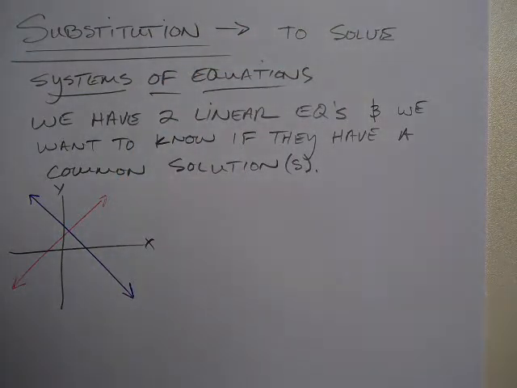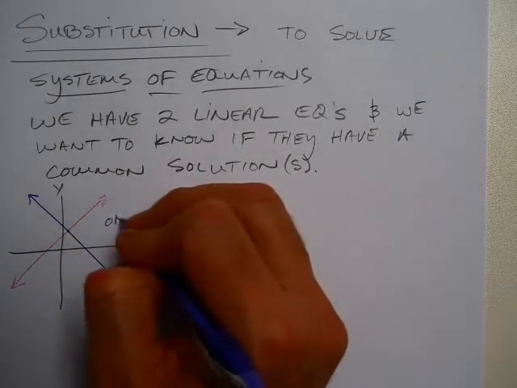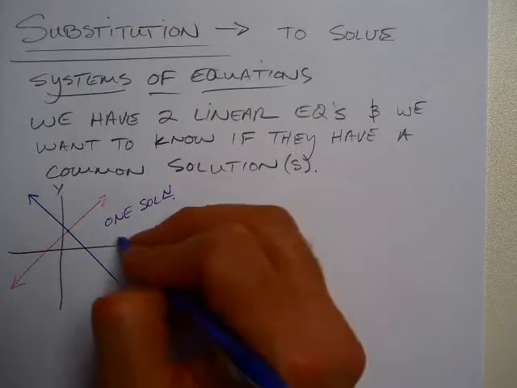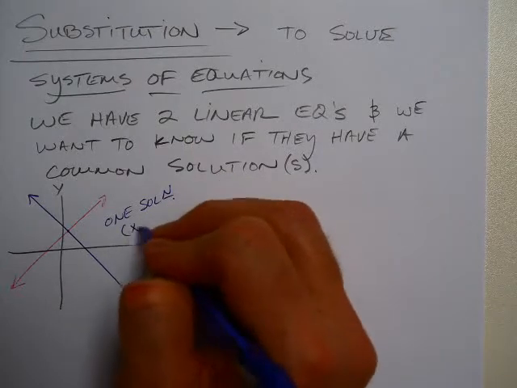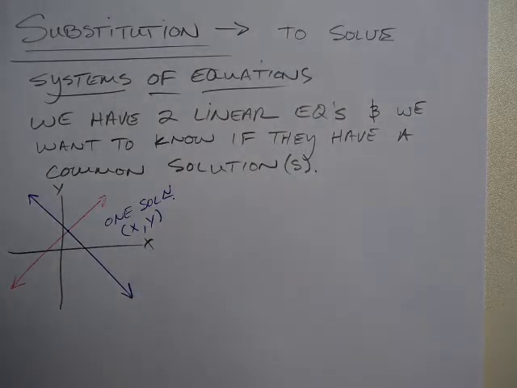How many common solutions do these 2 lines have? 1, right. Where the 2 lines cross, we would say this is one solution. And it's going to be in the form of some value of x and some value of y to define that point.